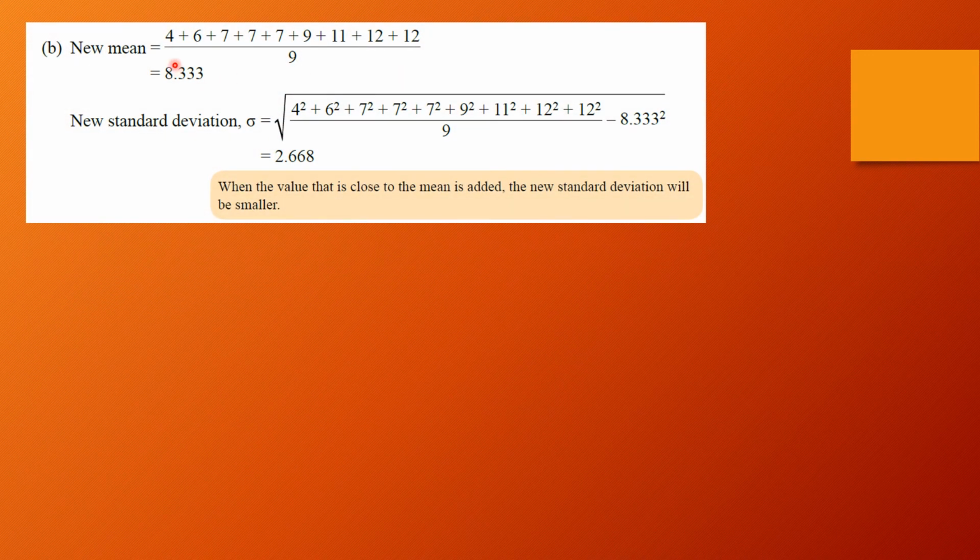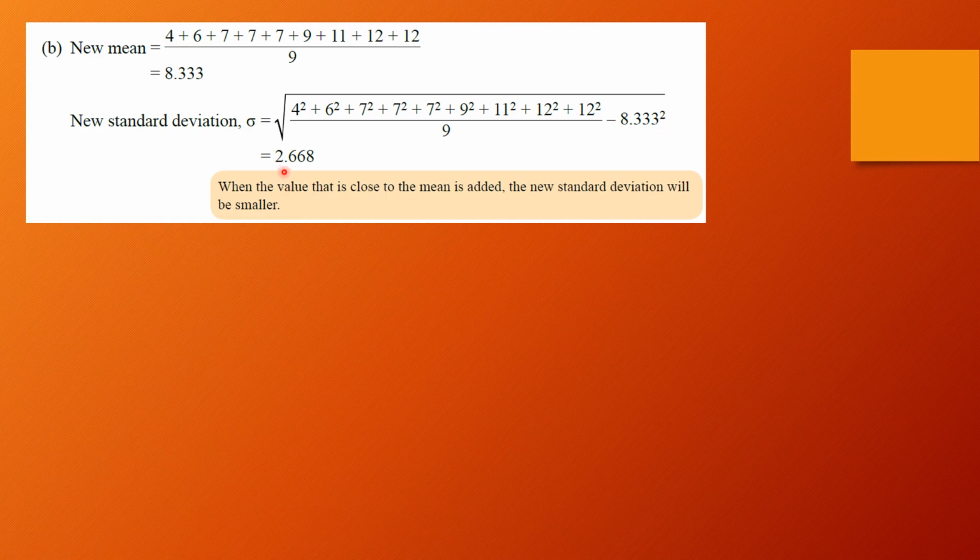Next, when 7 is added, that means you add another 7. 4 plus 6 plus 7 plus 7 plus 7 plus 9 plus 11 plus 12 plus 12, divided by 9. Now your mean is 8.333. And for the standard deviation, 4 squared plus 6 squared plus 7 squared and so on, you find the sum of squares divided by 9 minus the mean squared.